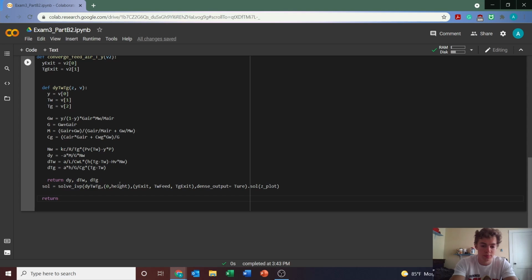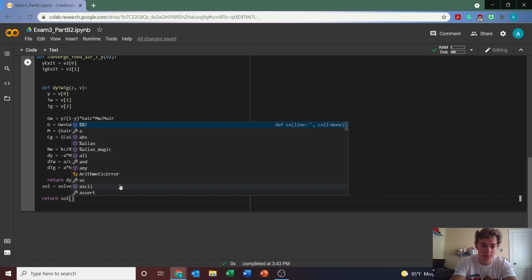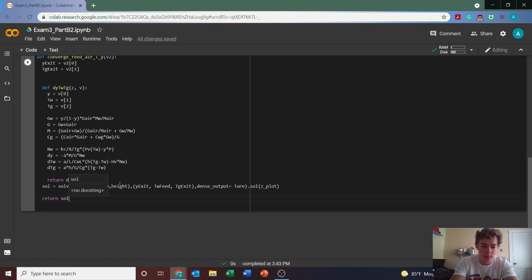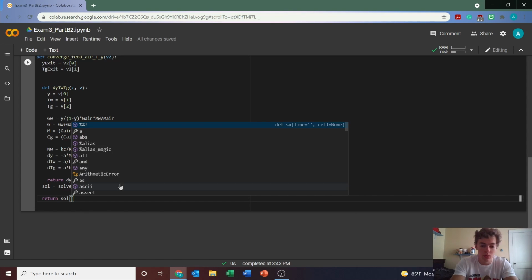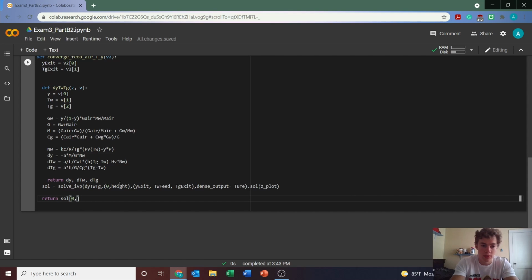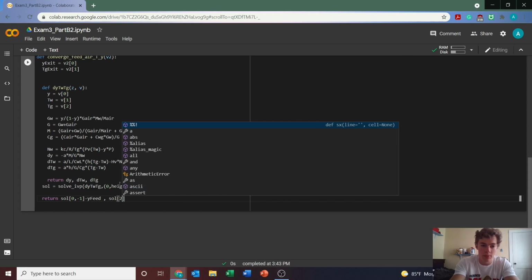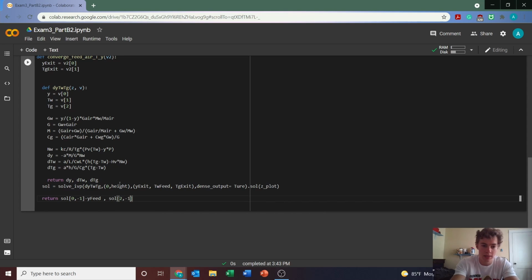So return solution, and then we want to do the array, so our 0th component, and then we want the last value, so we say -1, and we're going to subtract our initial feed, so our y feed, and then we also want to return from our array the 2nd component and the last value.